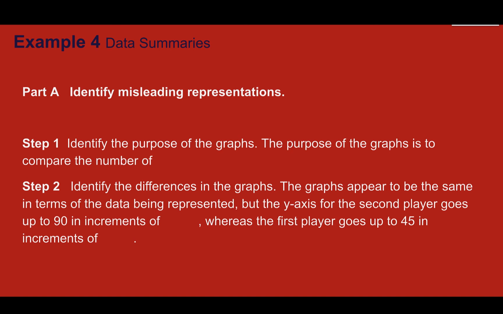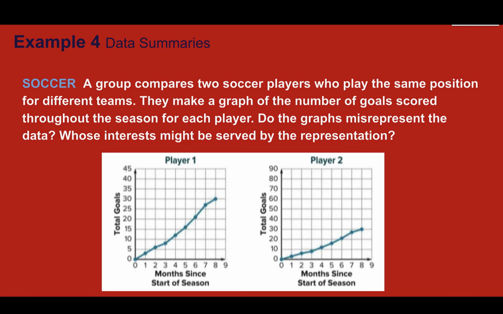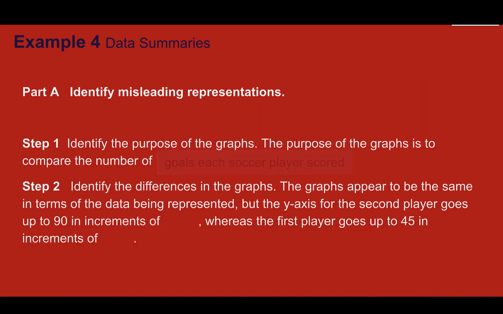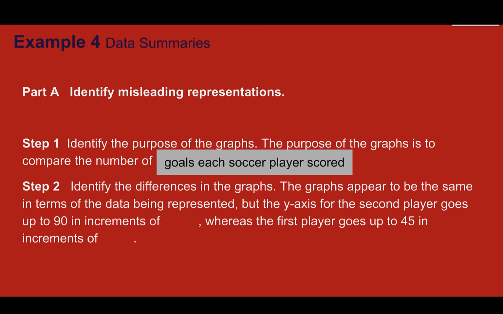So what is the purpose of these graphs? In these graphs here, we're looking at the total goals by our two players. So our purpose here is to show the goals that each soccer player has scored.